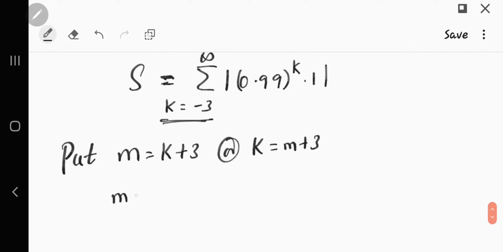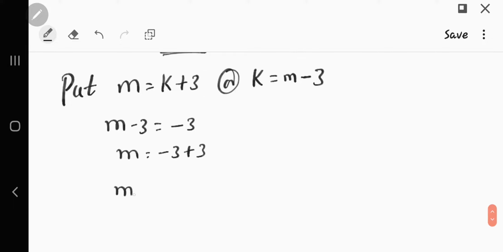So the lower limit is m plus 3 is equal to, I think m minus 3 will be better. M minus 3, my mistake. So m minus 3 is equal to minus 3. So m is equal to minus 3 plus 3.